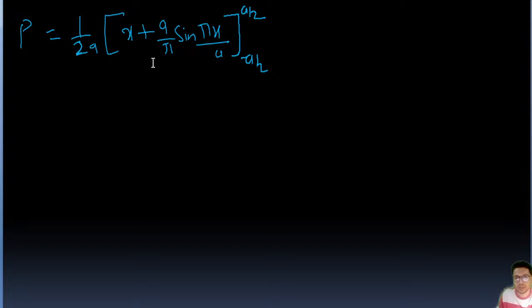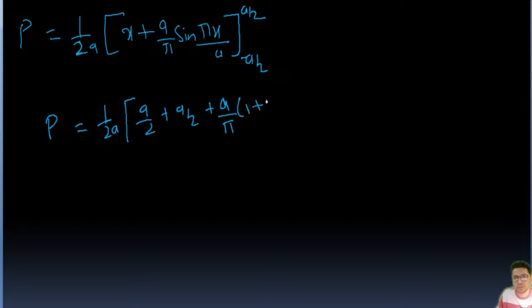So then by solving further, it is going to be 1 upon 2a into a by 2 plus a by 2, we have put the limit, okay, plus a upon pi, very simple integration, 1 plus 1, right. So this is going to be 1 upon 2a will be a plus 2a upon pi, right.